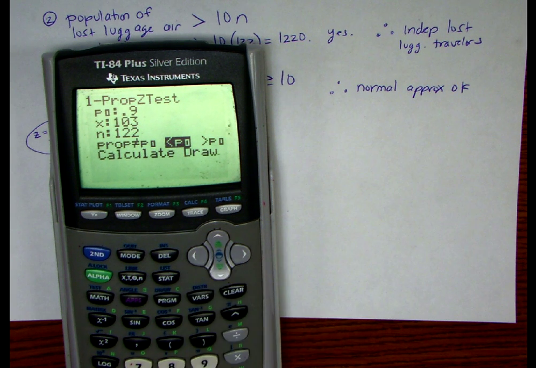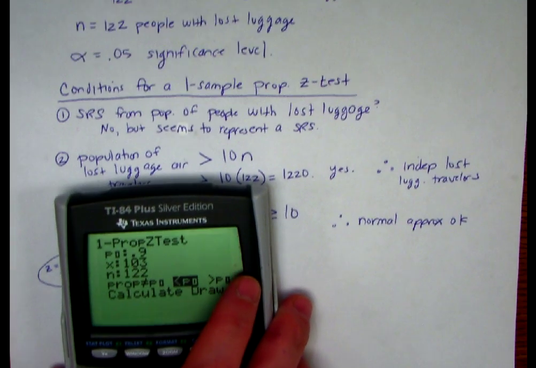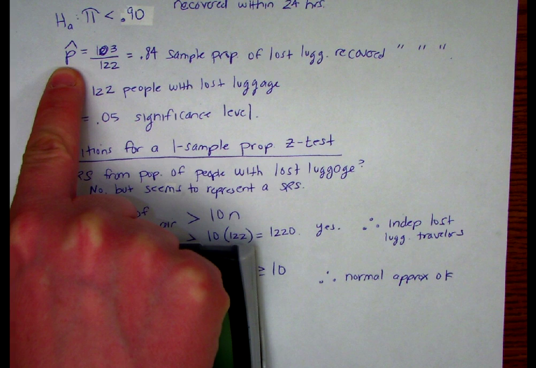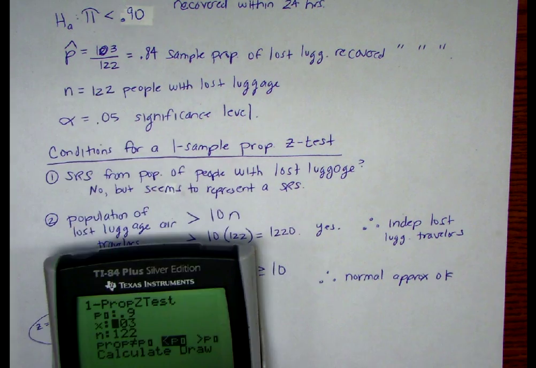Now p-hat, please listen to this carefully. They don't want the 0.84. They want the fraction that was used to create the 0.84. So if you look all the way up here, p-hat is 0.84. But I want the fraction 103 out of 122.